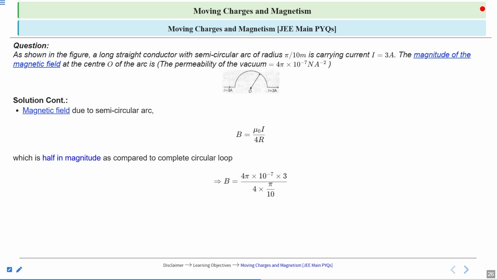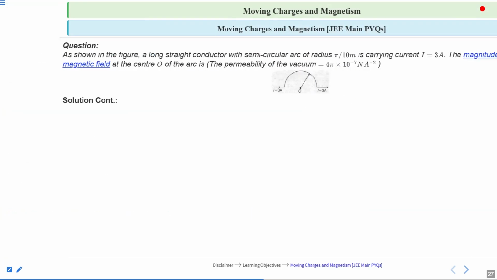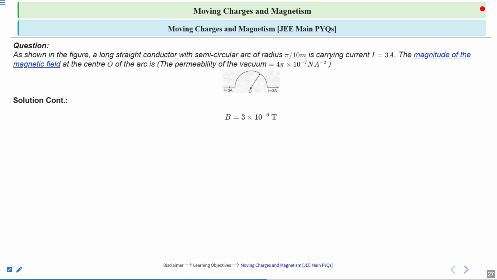Now substituting the values, B is equal to 4 pi into 10 to the power minus 7 into 3 upon 4 into pi upon 10. So B is equal to 3 into 10 to the power minus 6 Tesla, which is 3 micro Tesla, the required answer. So the net magnetic field at the center O is 3 micro Tesla. Got it?